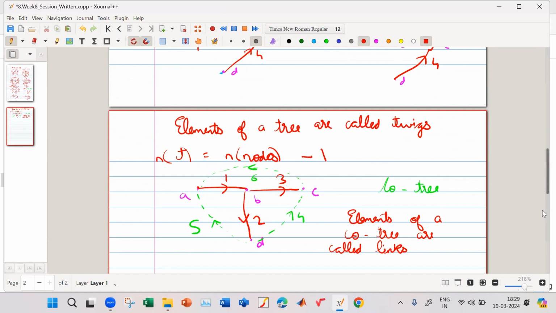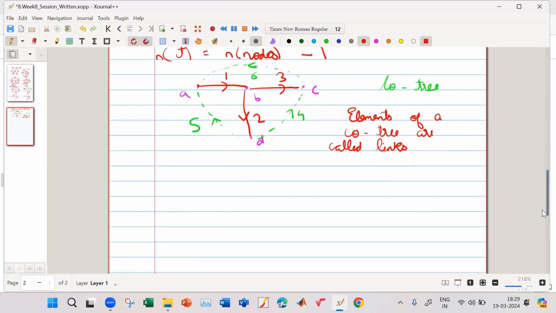So now, the number of links is equal to the total number of elements minus the number of twigs, right? Any doubts in this?